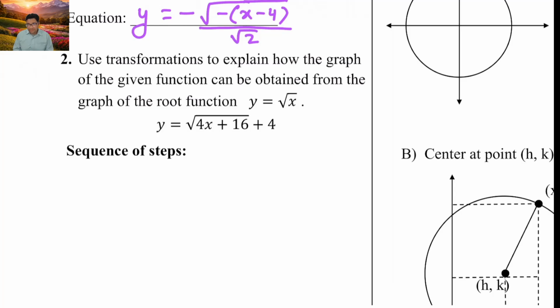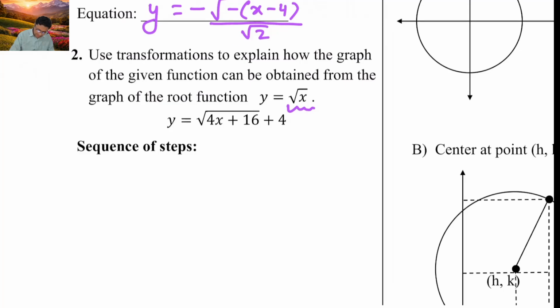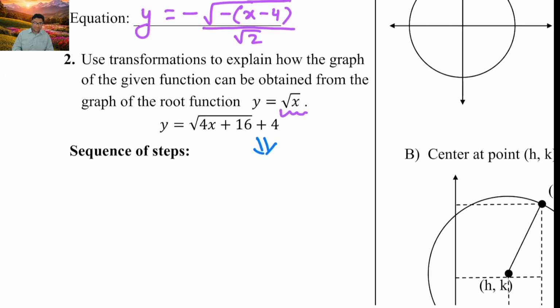Use the transformations and explain how the given function can be obtained from the graph of the square root function. So my sequence of steps is what we will write, but before that, I'm going to show you how this can be simplified.